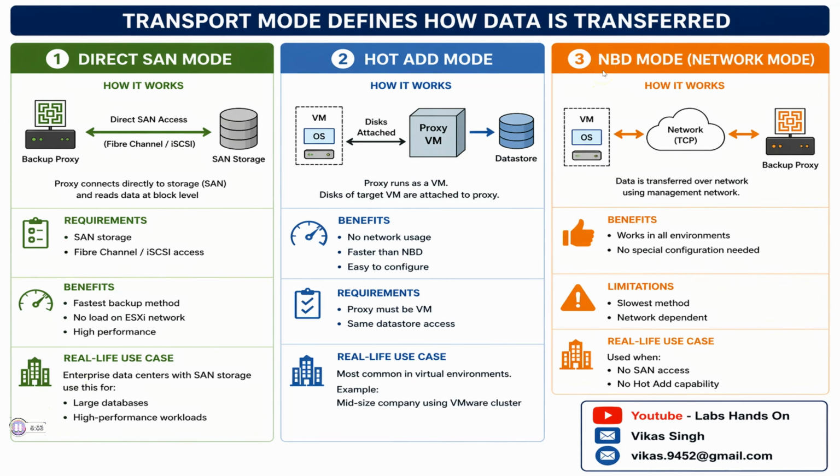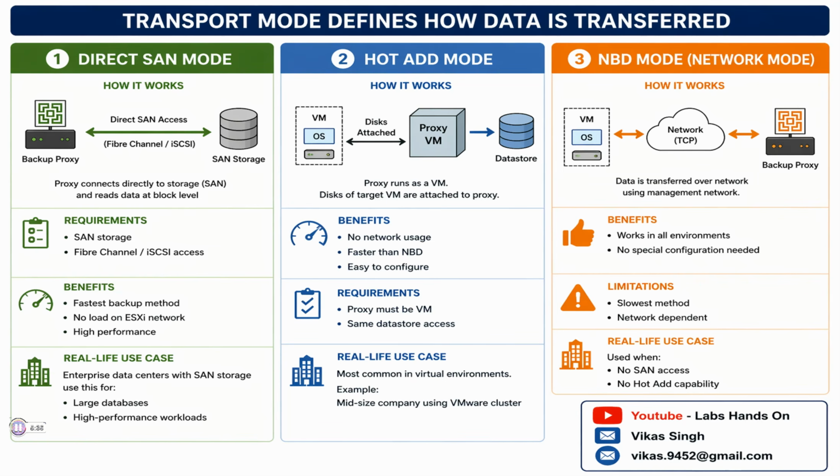The last one is network mode. Let's talk about NBD mode, also known as network mode. This is one of the most basic and universally supported methods. Here the data is transferred over the network using the management network of the ESXi host. The biggest advantage is that it works in all environments and does not require any specific configuration. But there is a trade-off: this is the slowest method because performance depends entirely on your network bandwidth.